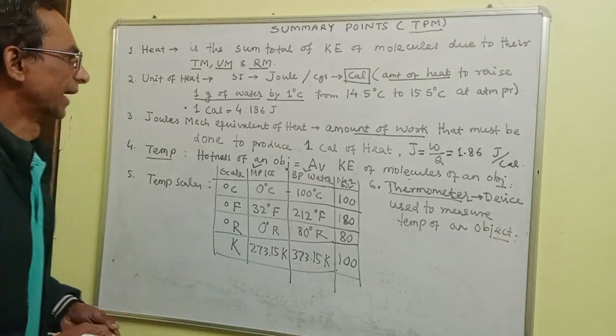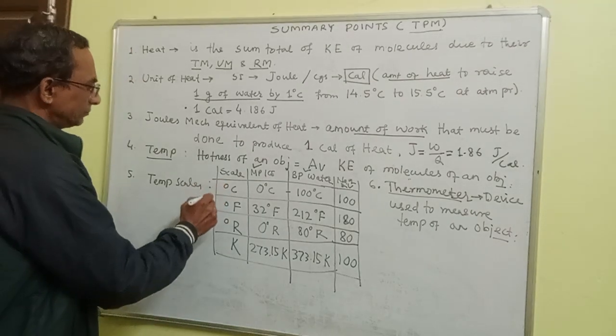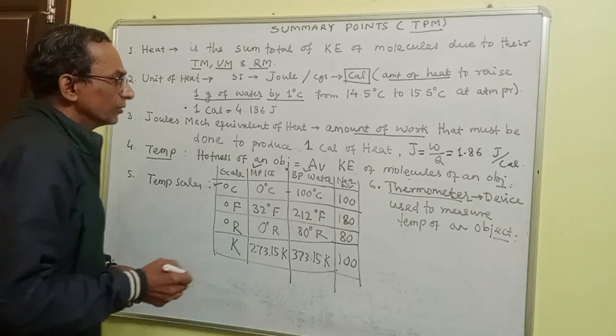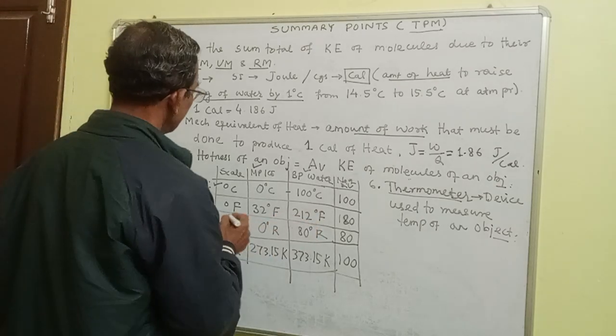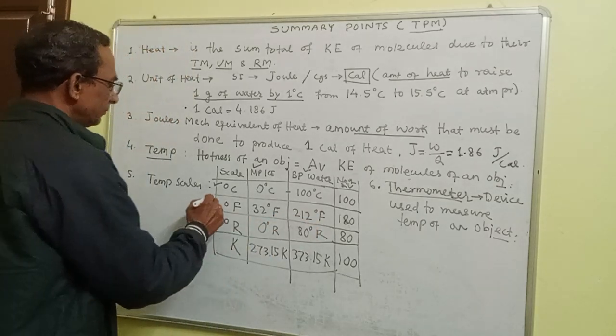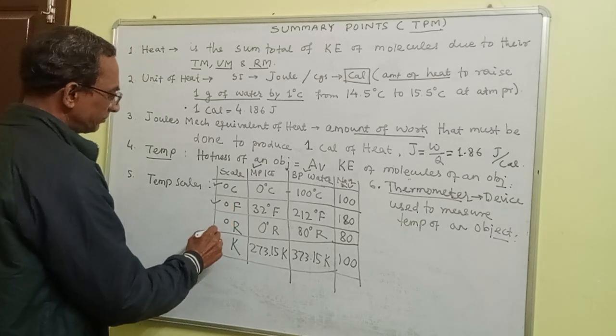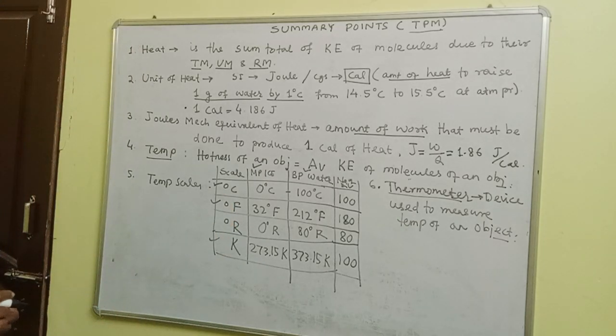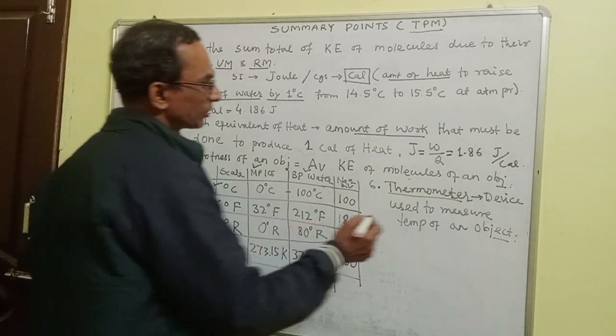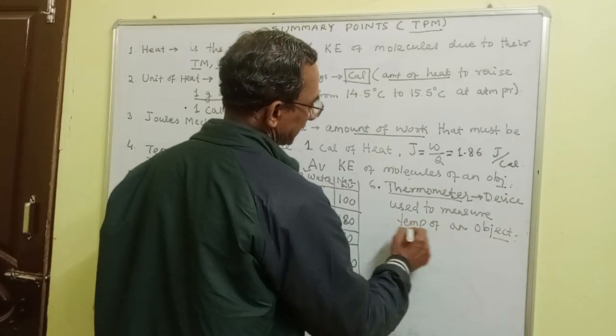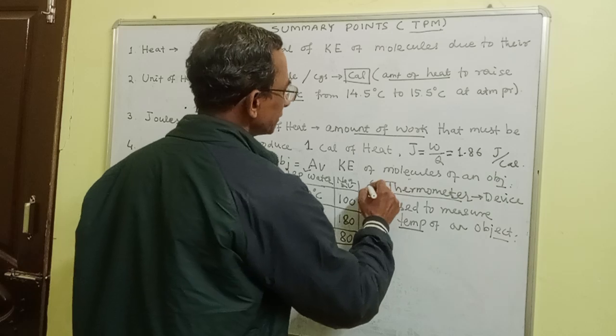Thermometer can be graduated in कोई भी स्केल में, वो मार्क हो सकता है डिग्री सेल्सियस में हो सकता है, डिग्री फारेनहाइट में हो सकता है, केल्विन में हो सकता है. तो जो इंस्ट्रूमेंट और डिवाइस यूज होगा to measure temperature of an object उसको बोलेंगे thermometer.